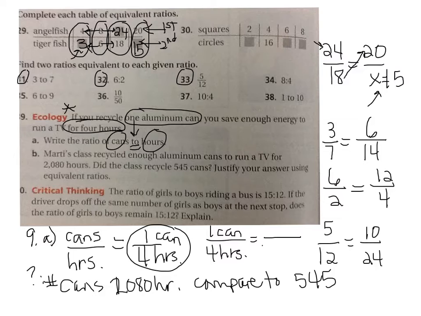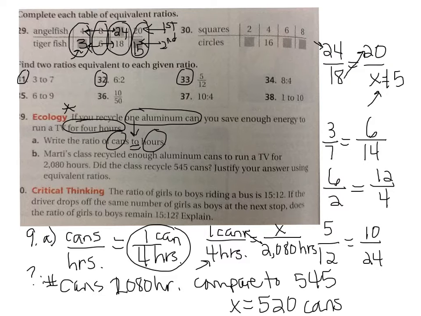So I'm going to put 2,080 hours lined up to 4. Do you see hours lined up to hours? I'm going to solve for cans on top. Cross multiply. 2,080 times 1, 2,080, divided by 4. 520. Yep, 520.